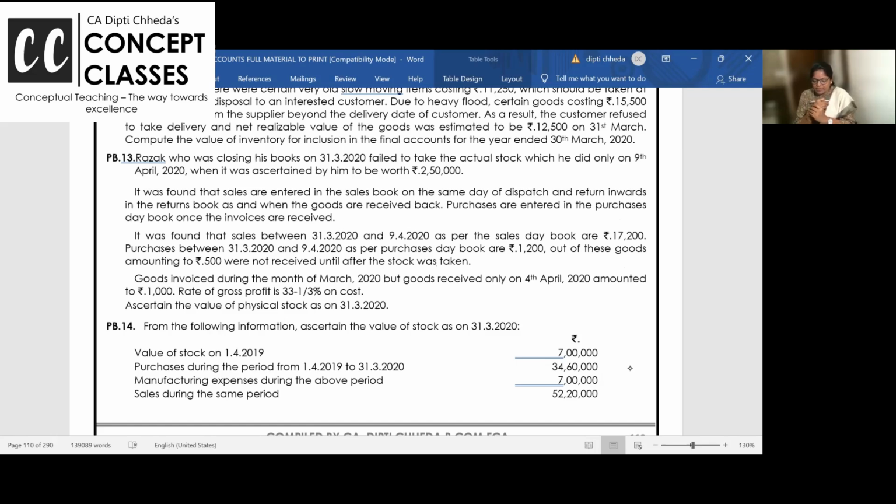Goods invoiced during the month of March 2020, but goods received only on 4th of April, amounted to 1000. Goods invoiced during March, but goods were received on 4th April. So they were like purchases.